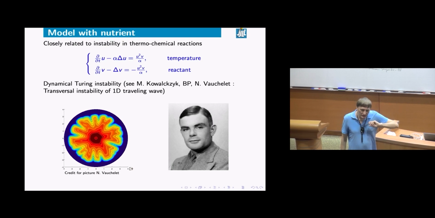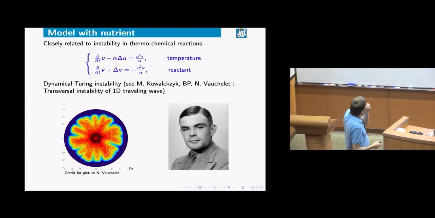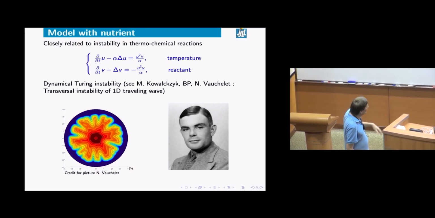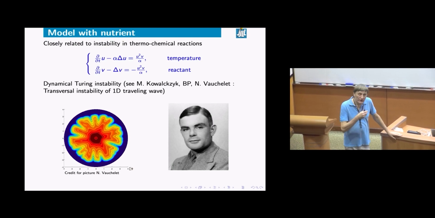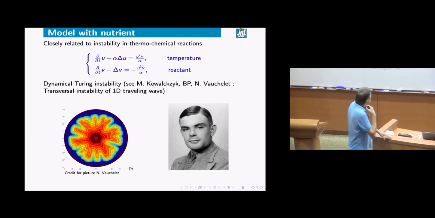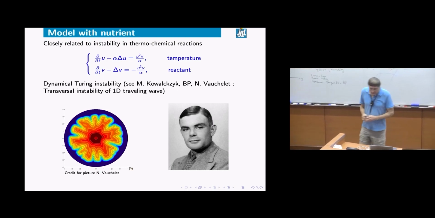He mentioned that there are two cases. Either alpha is large, and it's easy because you have a comparison principle, or alpha is small, and this is difficult. This is the case where you see these instabilities. And for me, it's nothing but Turing instability.